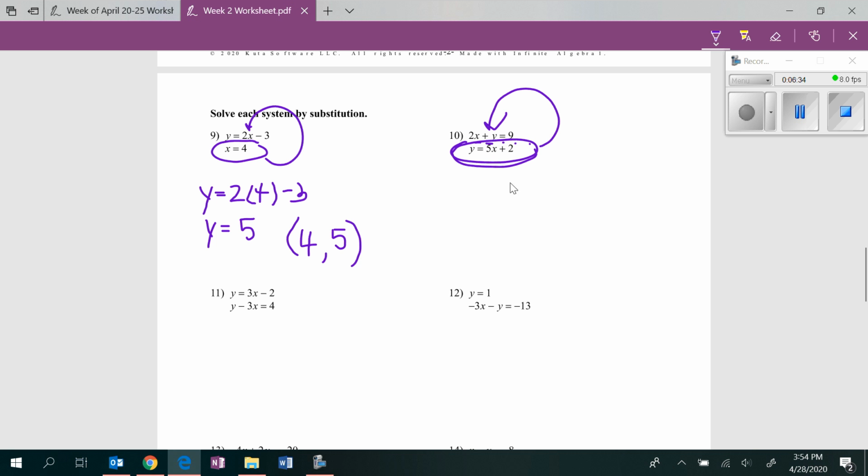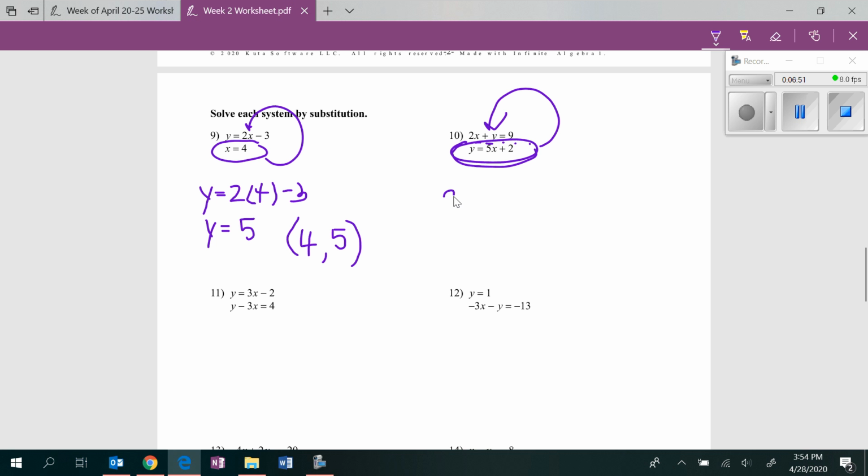In the second case, we know y is equal to 5x + 2. Although it's not as simple as my x = 4, I can still take this part and plug it into the y up here, because that's still substituting my y.